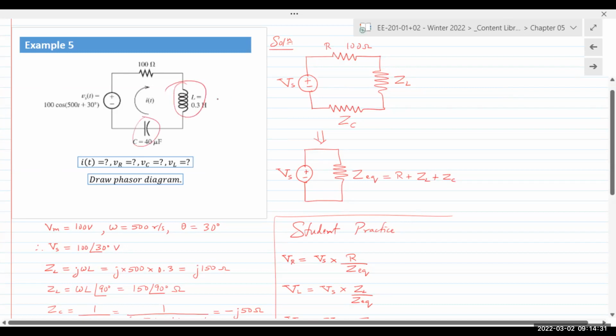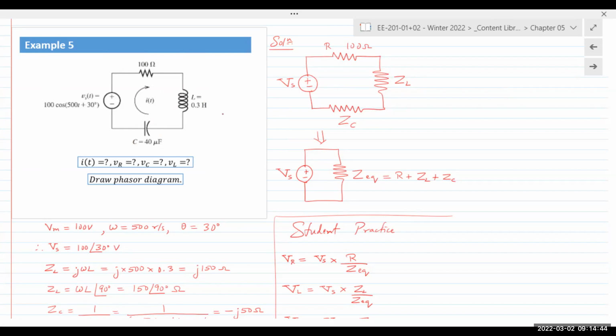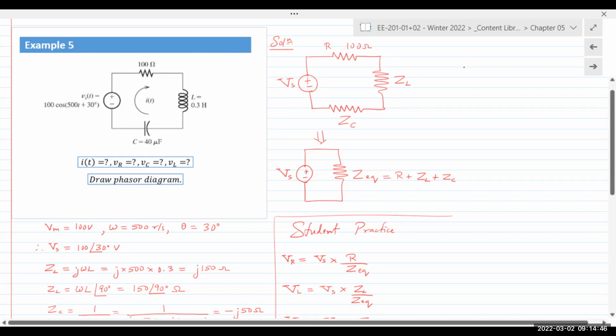So inductors and capacitors have reactance X, XC and XL. And a pure resistance combined with the reactance is termed as impedance. Impedance, again, is a vector quantity. It's a complex representation.